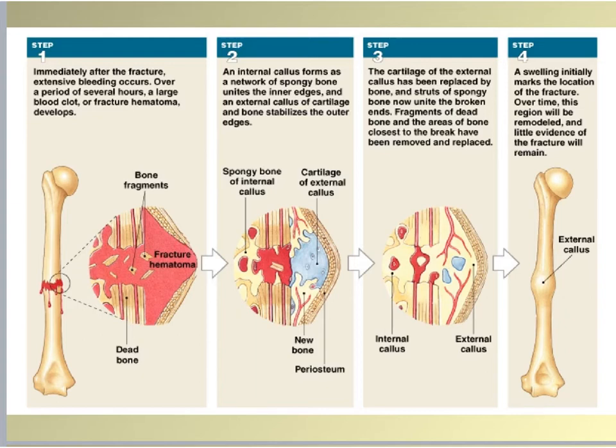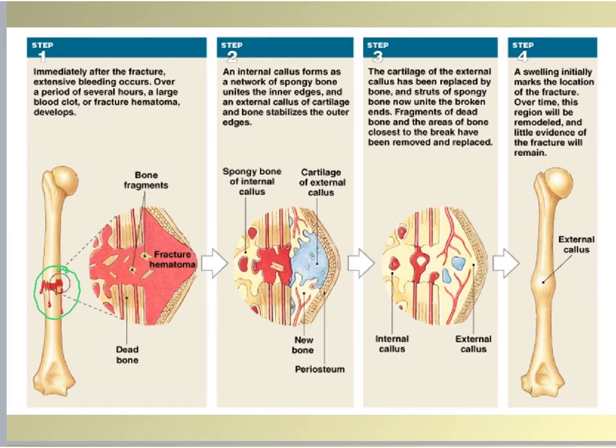So remember that bone is really well vascularized, and the blood vessels that travel within bone travel up those central canals of osteons. Bones have to be well vascularized. They're living tissue, right? So when a fracture occurs, blood vessels are going to break, and you're going to have a little bit of bleeding. And so that's what this kind of horror movie, dripping blood part of that picture is supposed to show you.